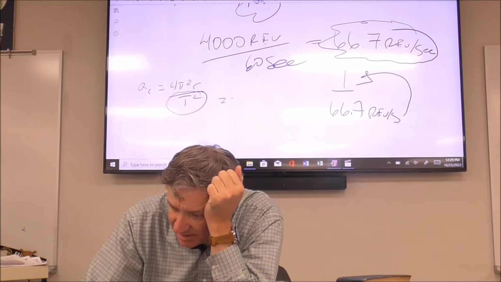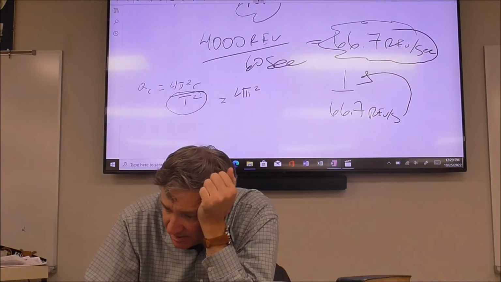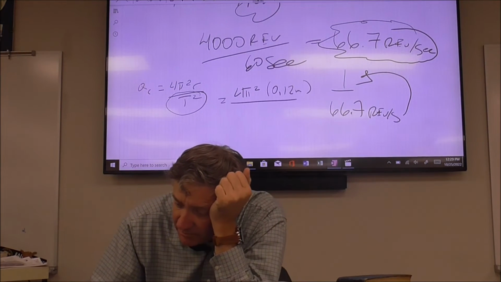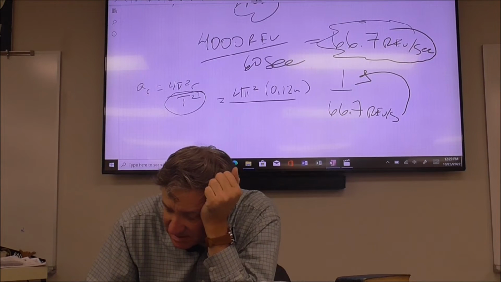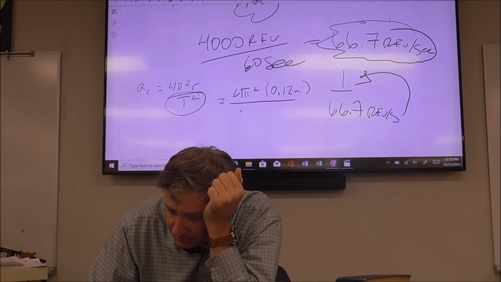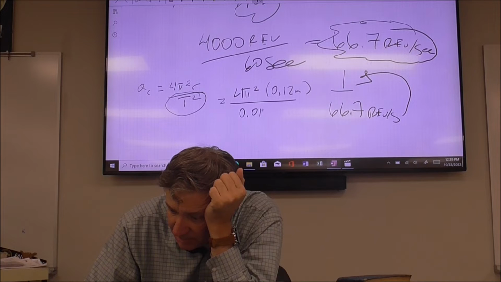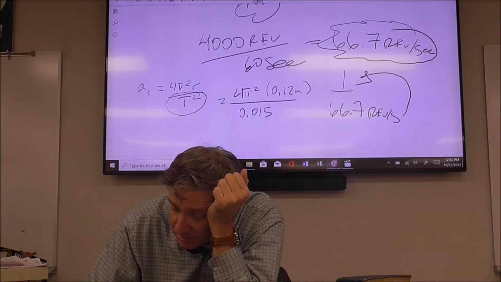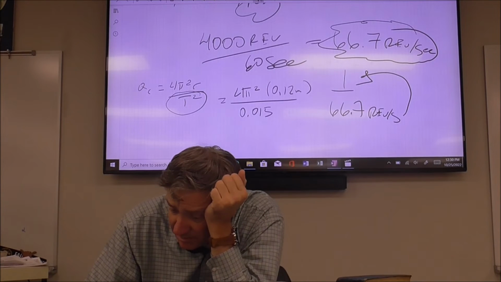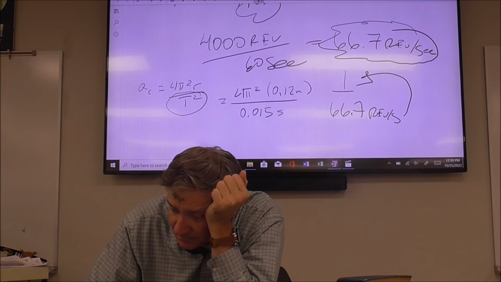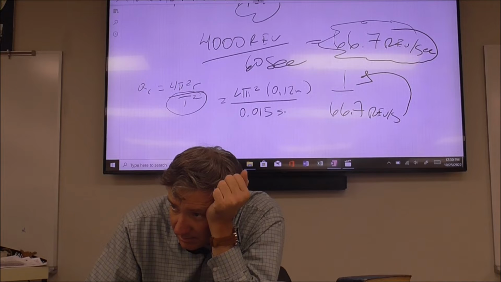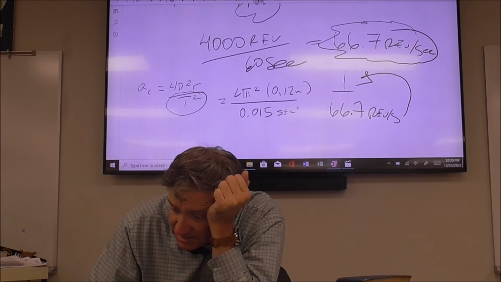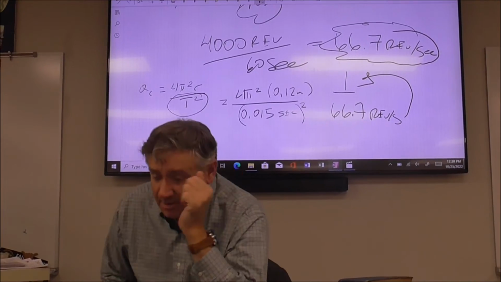So somebody take 4 pi squared times the radius of 0.12 meters. Now, what do you get when you take the inverse of 66.7? 0.015. 0.015, exactly? Yeah, if you use full values, it's exactly that. Seconds squared.